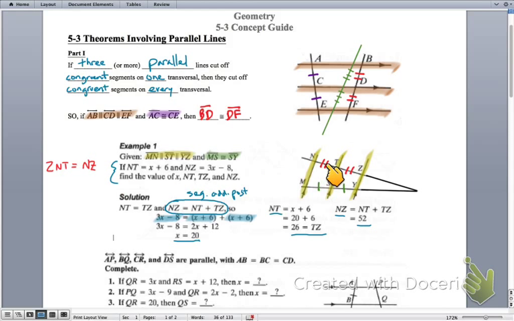Because this is half of it. And we would end up with really the same equation. See how this has 3x minus 8 equals 2 of these? Well, that's what this would do as well. You'd also get x equals 20. The question asks you to solve for x, then the length of NT, TZ, and NZ. So then, of course, we would need to plug x into these expressions to get our answer.